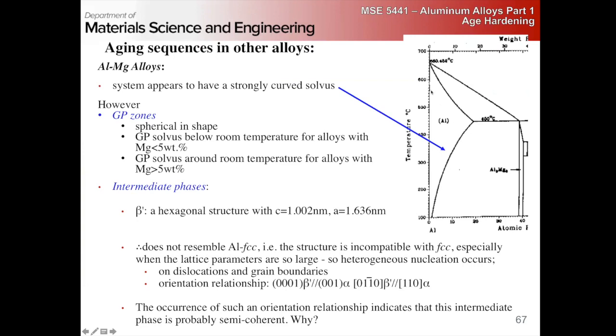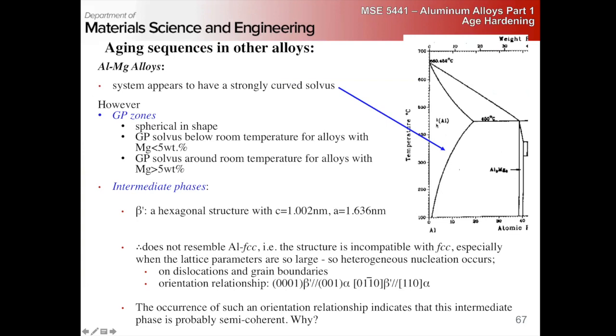If this line was more straight and came up and met my solidus line over here, I could only put a couple atomic percent into aluminum, rather than the 16 or so percent I can get of magnesium.